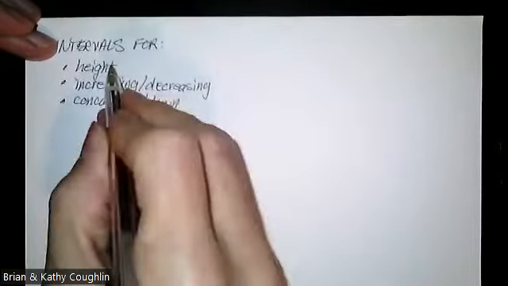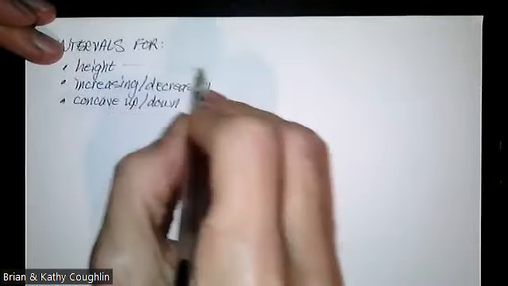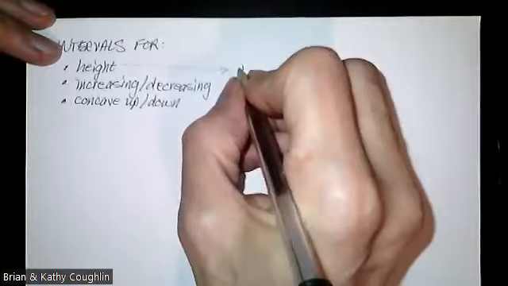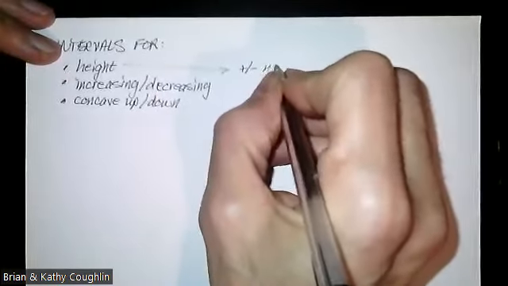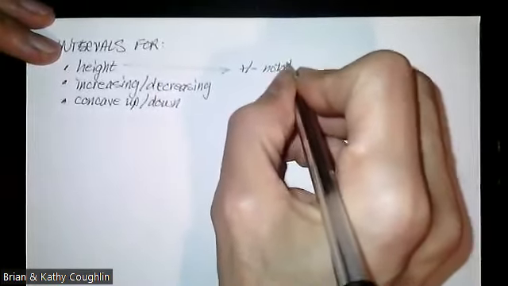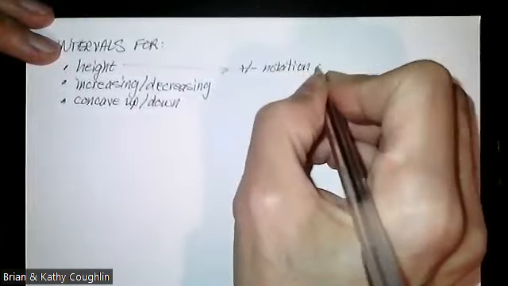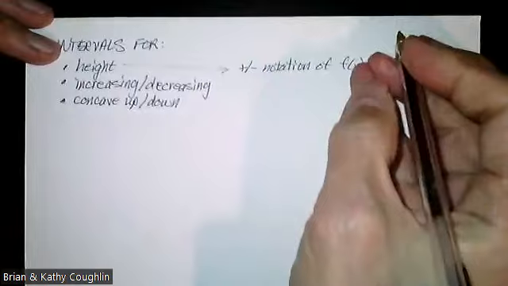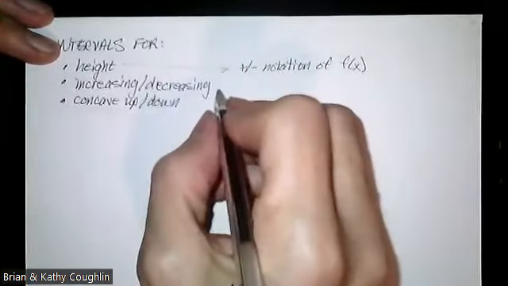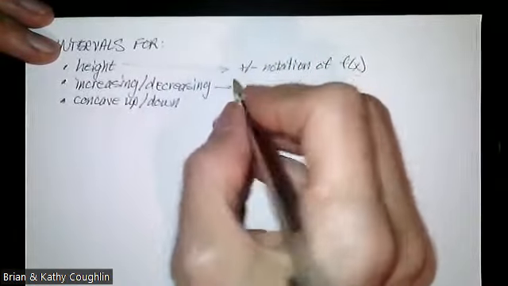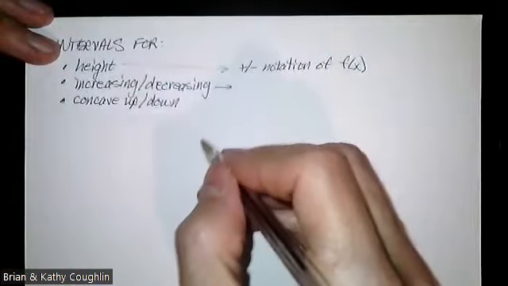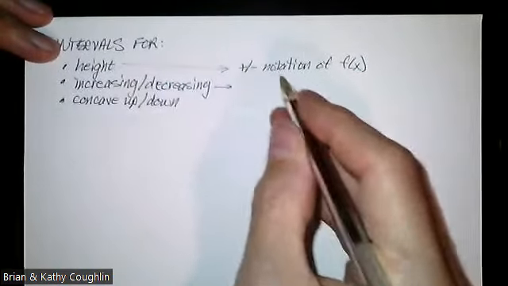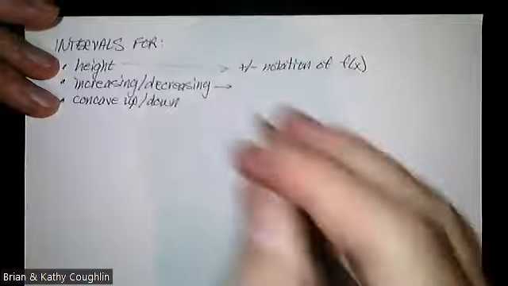Now, again, if you want to find out what heights are on a particular function, you do plus minus notation on plain old f of x, because f of x is the same as y, and that gives you the height of a graph. If you want to do increasing or decreasing, you want to find out where the graph is going up or going down when you read from left to right.